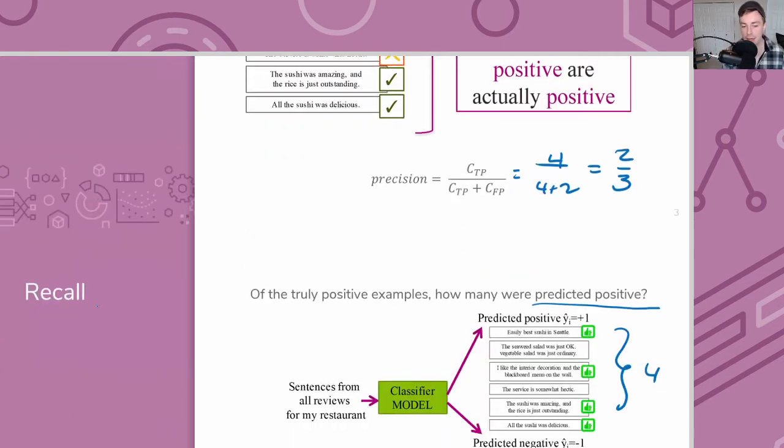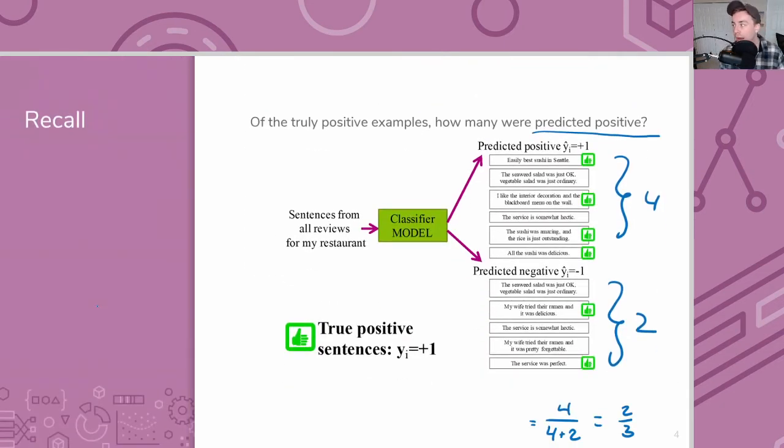Recall, on the other hand, is all about, did you find the things that actually were positive? So out of all of the examples that actually were positive, which examples did you flag as positive? So in this example in our data set, there were 6 rows that had a label of positive, and only 4 of them did we correctly predict positive.